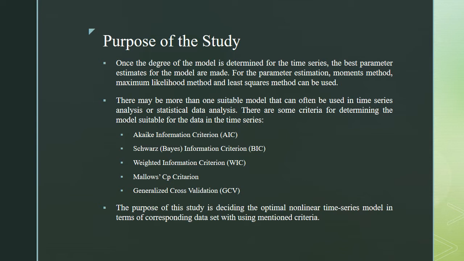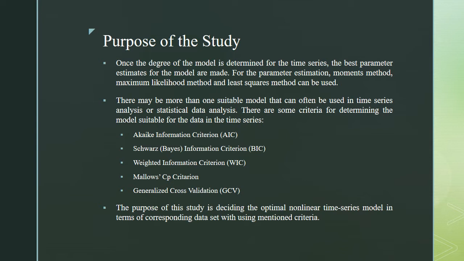Once the degree of the model is determined for the time series, the best parameter estimates for the model are made. For the parameter estimation, the moments method, maximum likelihood method, and least squares method can be used. There may be more than one stable model that can often be used in time series analysis or statistical data analysis.